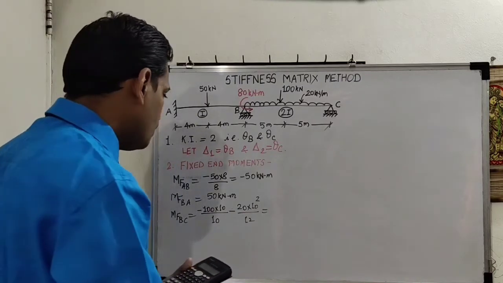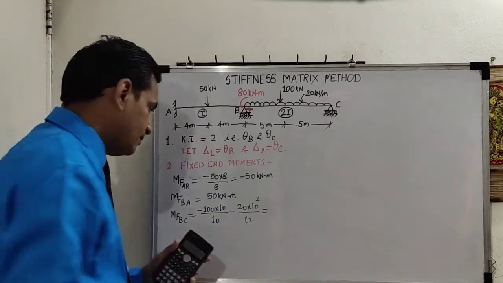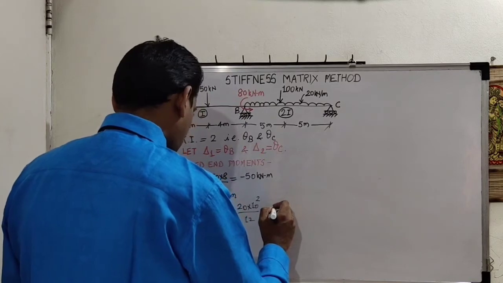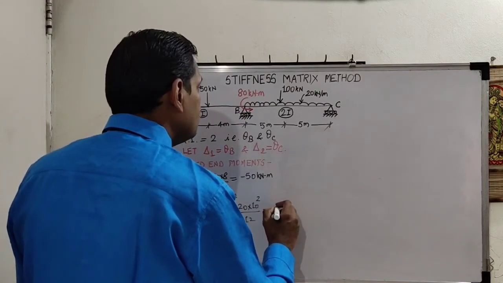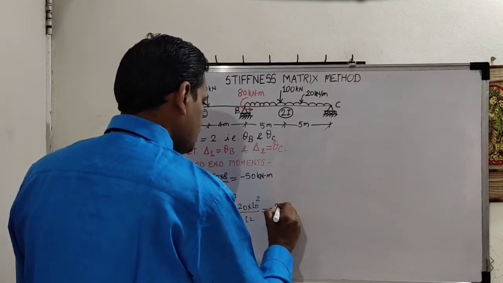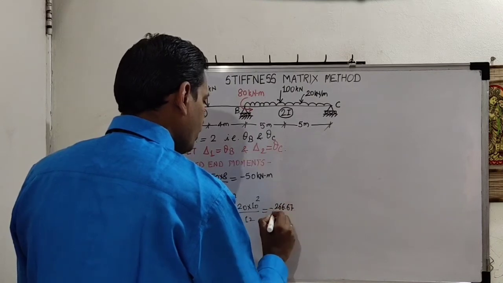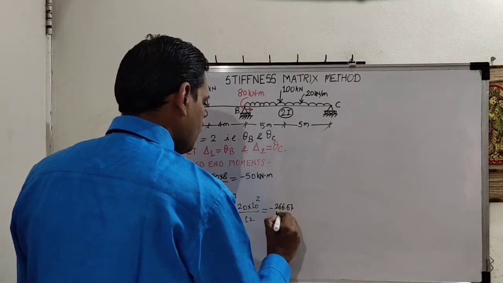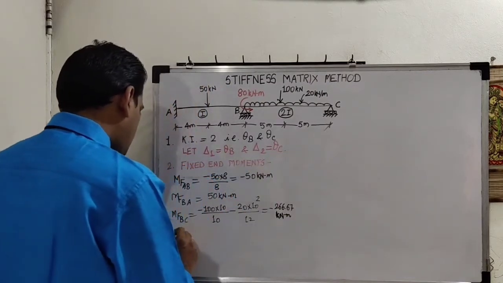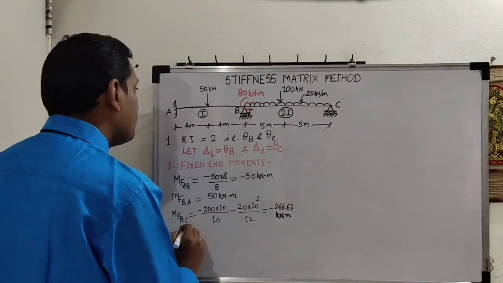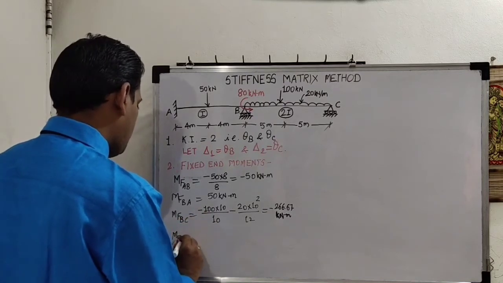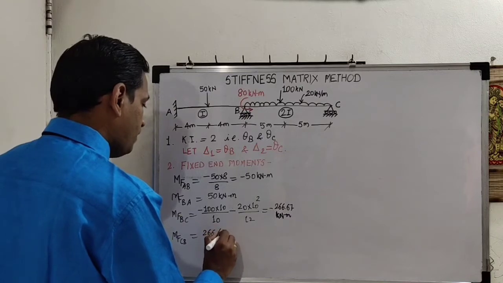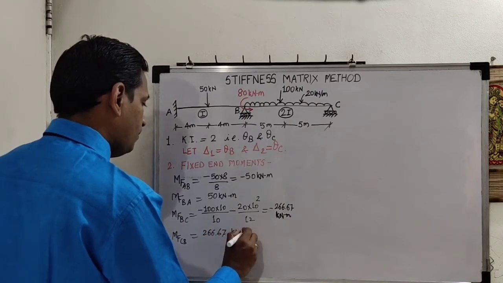So it is minus 266.67 kilonewton meter. Then MFCB, it will be plus 266.67 kilonewton meter.